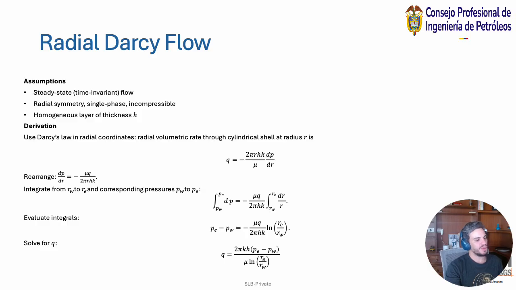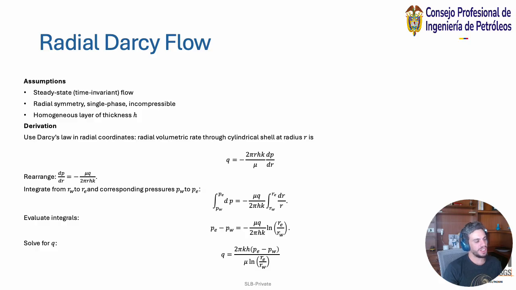And this becomes the radial flow, and this is extremely important as well because, like I said, this is the first stepping stone on how to really start to do the math to get to the real life examples or the real life application, right?